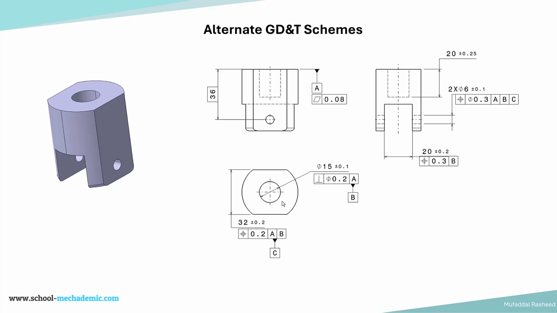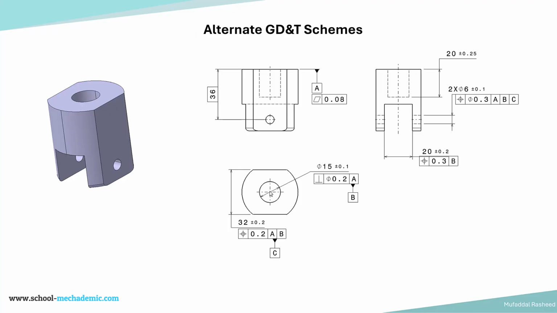One, it is being controlled with respect to datum A in its perpendicularity, which is inherent control, and also with respect to datum B, the center axis, the position is being controlled.